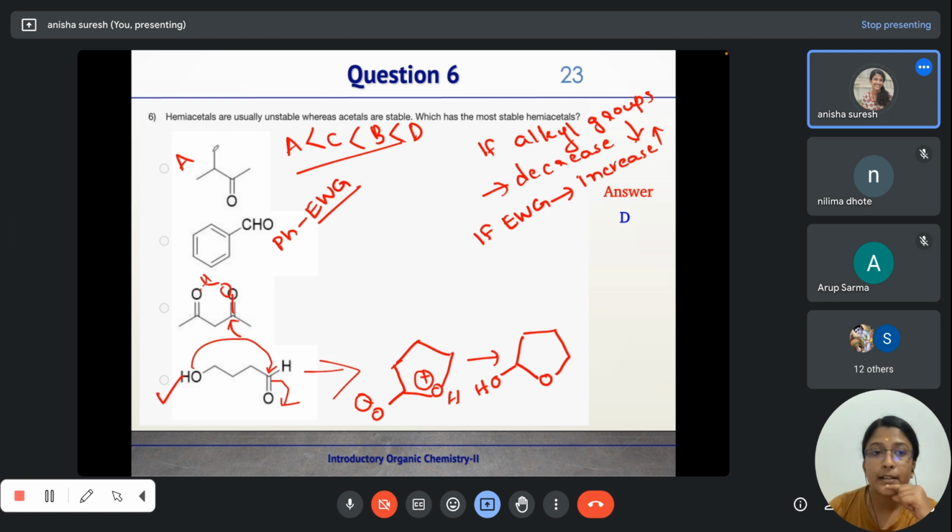And here these all are electron donating groups by inductive effect, so this carbonyl carbon will be electron rich, so it is less electrophilic, so the formation of hemiacetals will not be feasible, so it will result in the least stable hemiacetal. Clear?